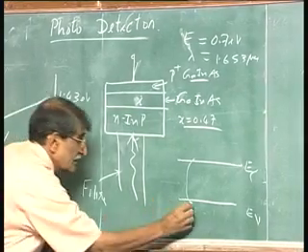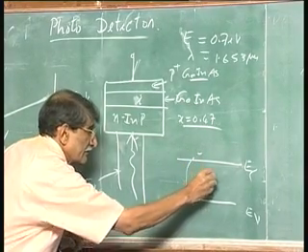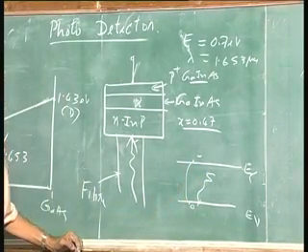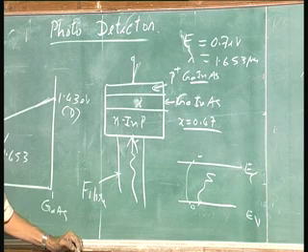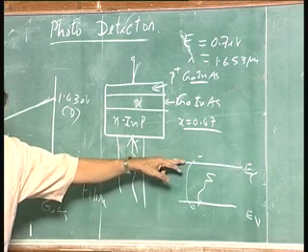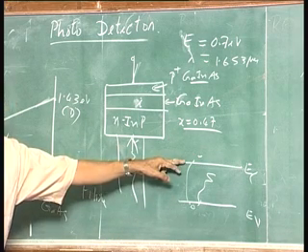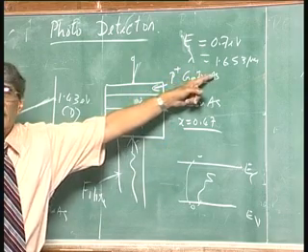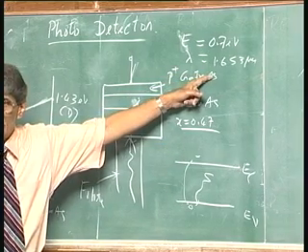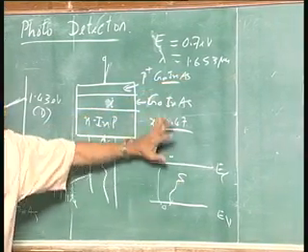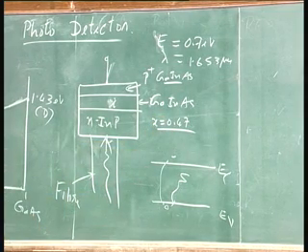It must create hole electron pairs. Whether it can knock out electrons or not depends upon energy. If the energy is less than that, it will not knock out electrons. What will happen? It will just be transmitted.